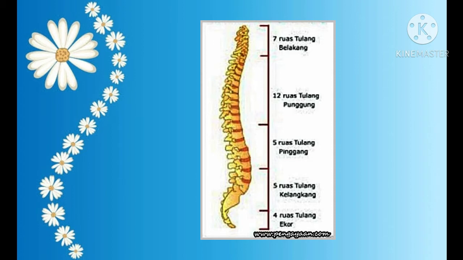The chest consists of 12 nerve bases. 3. The stomach consists of 5 nerve bases. 4. The pelvis consists of 5 nerve bases. 5. The coccyx consists of 1 nerve base.